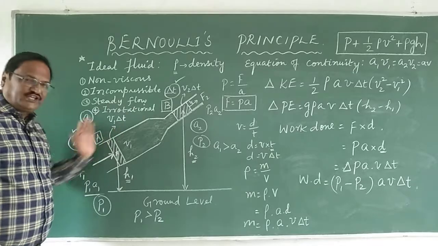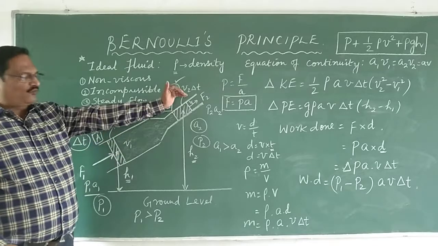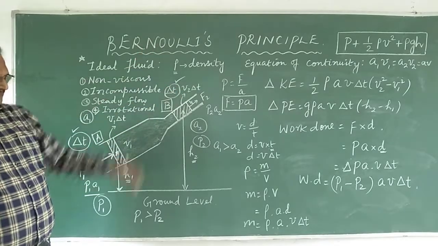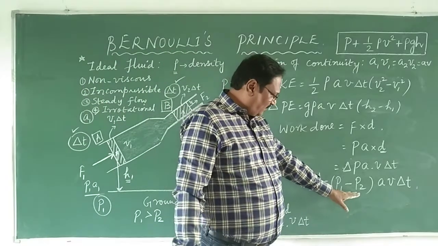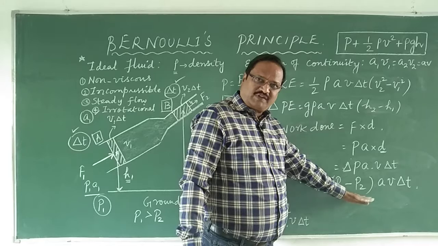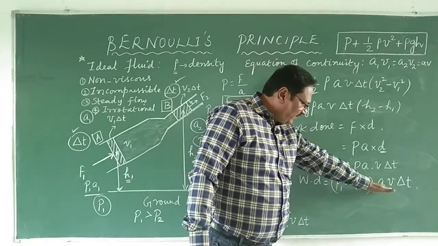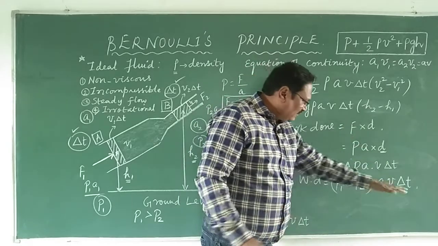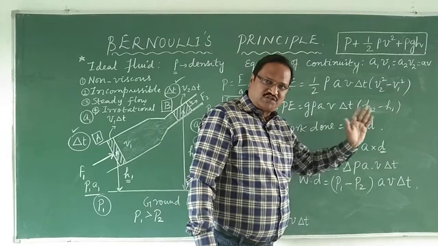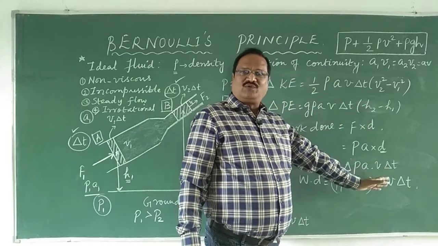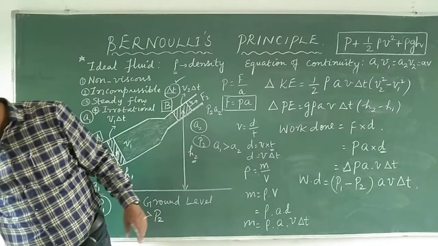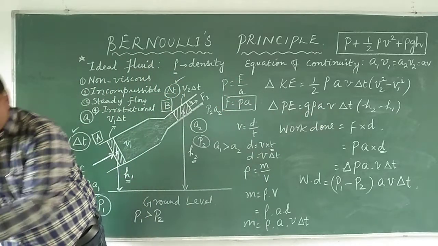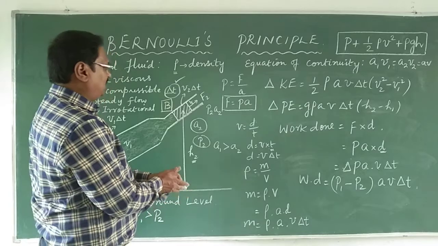Then the force here will be more. Then it pushes the water up and all the things happen. So external work done is equal to difference in pressure, we are expressing in terms of pressure, into area of cross section, right? V, that is the velocity with which again we say A1 V1 is equal to A2 V2 is equal to AV according to principle of continuity.